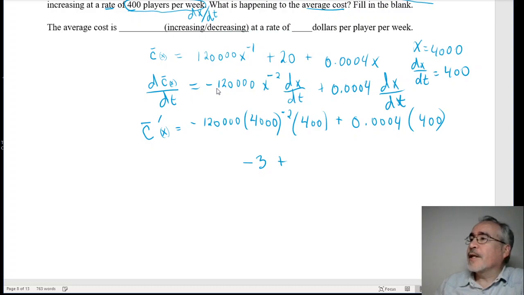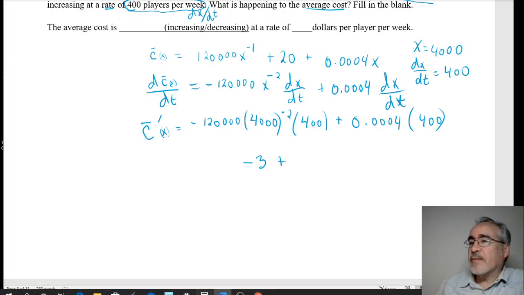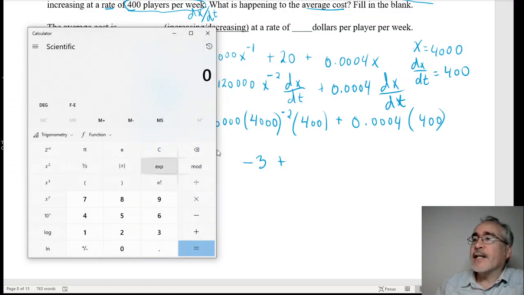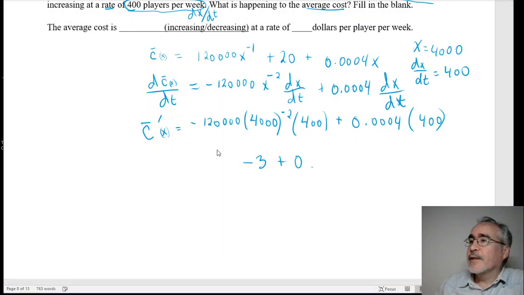The second part here, 4 times 4 is 16. A 0.16 is what I think it's going to be, but why not use the calculator while we've got it? 0.0004 times 400. Yeah, 0.16. Good job, little crow. So negative and a plus, so we're going to subtract.